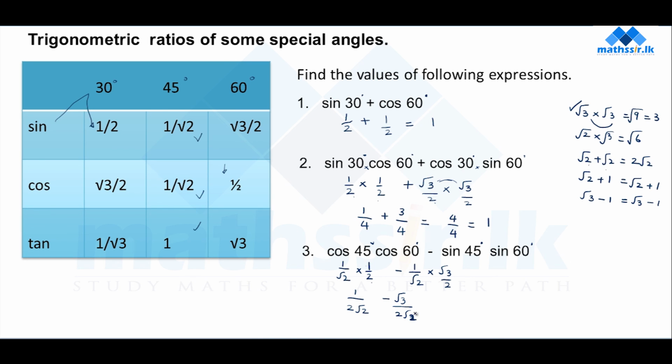You can see the denominators are the same. Then you can easily simplify the numerator. 1 minus root 3 over 2 root 2.